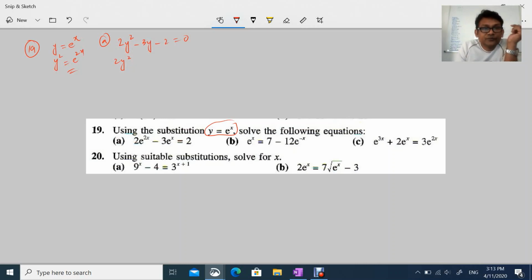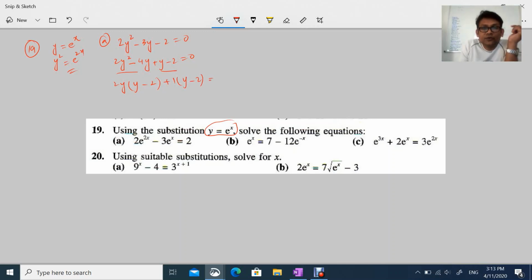This is 4 and minus to get 3, so 4y and plus y and minus 2 equals 0. Common in the first 2 and last 2: 2, and nothing is common, 1.